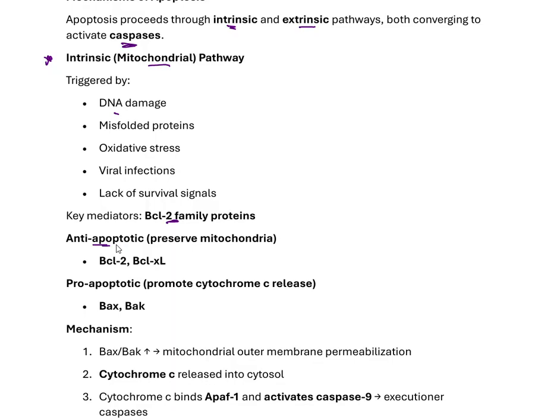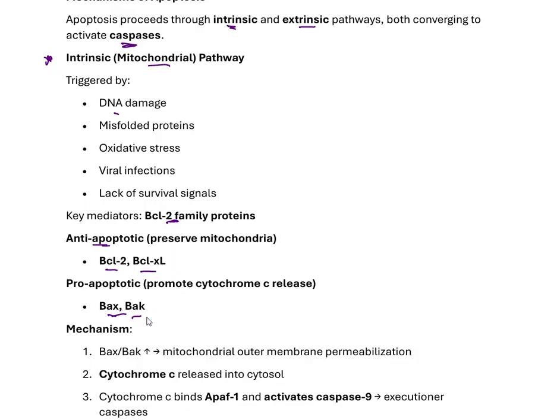And then we also have the ones that are pro-apoptotic, meaning that they activate apoptosis. The ones that inhibit apoptosis include BCL2 and BCL-XL. And the ones that will activate, which are pro-apoptotic, are BAX and BAK.